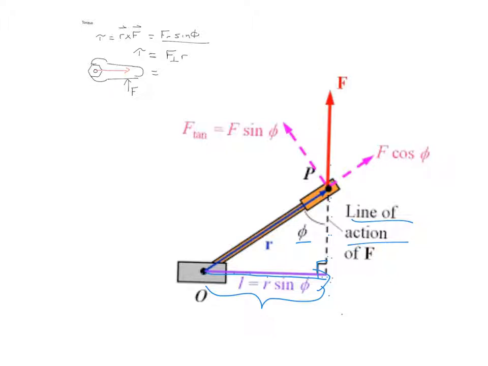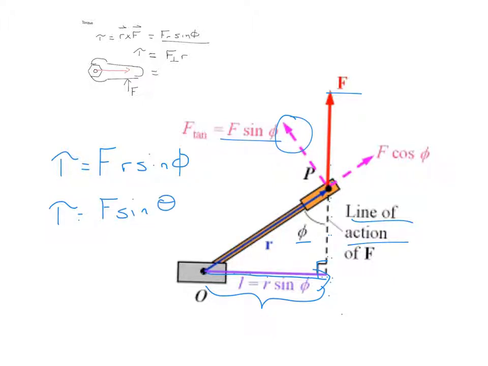So if we write that out, we'll have the original applied force times r sine of phi. In our previous situation, we looked at just the perpendicular component, which was F sine of theta times the total radial distance.